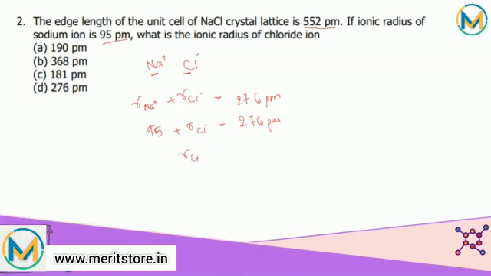Therefore, the radius of Cl minus ion is 276 minus 95, which is equal to 181 picometer. Okay. So the correct answer, that is the ionic radius of chloride ion, is 181 picometer. So the correct answer for this question is option C, that is 181 picometer.